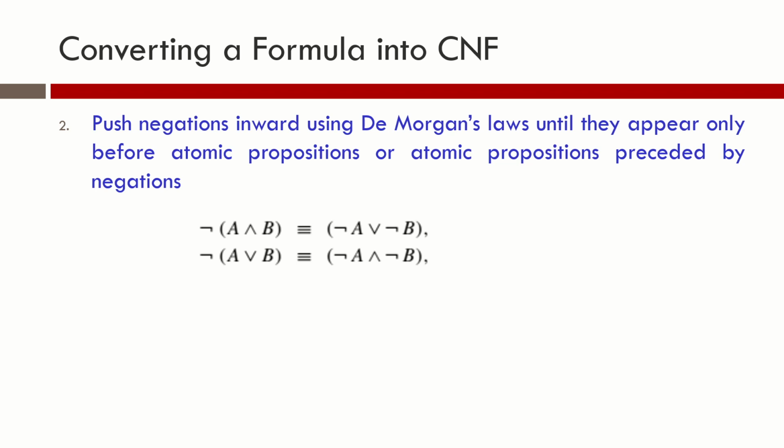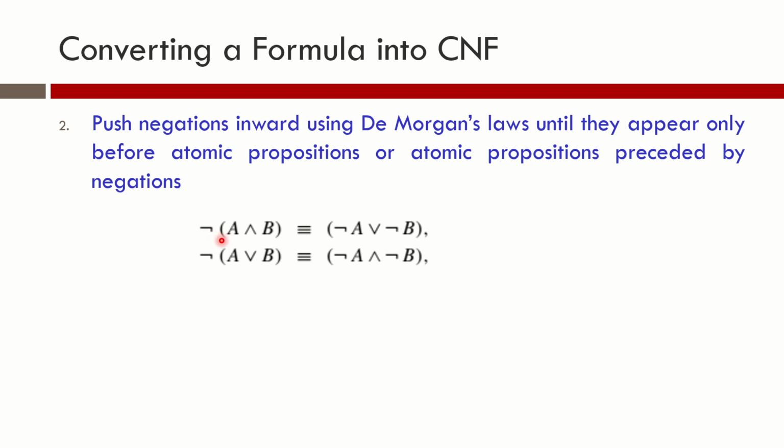Now, the second step. In the second step, we push all the negations inward. And to do that, we use De Morgan's law, until the negations appear only before atomic propositions. Like see here.